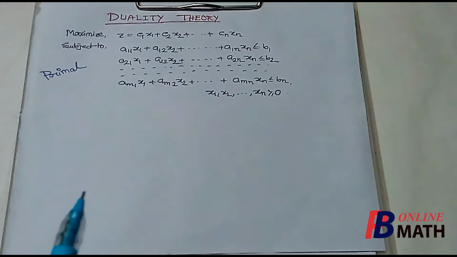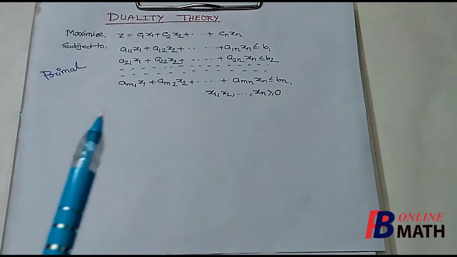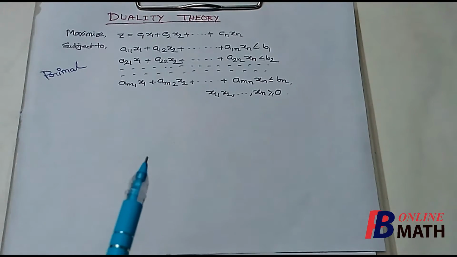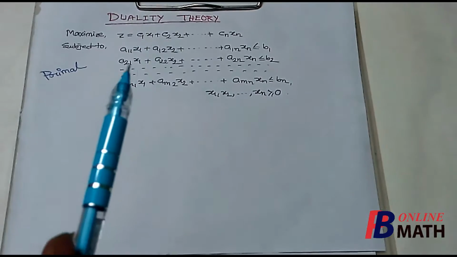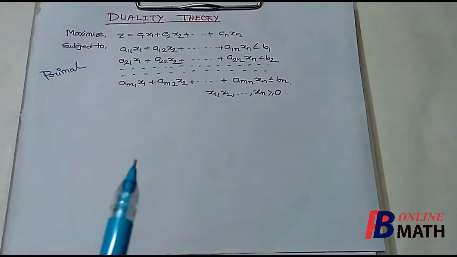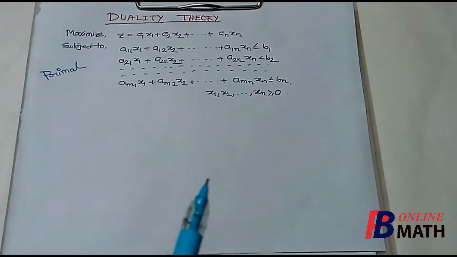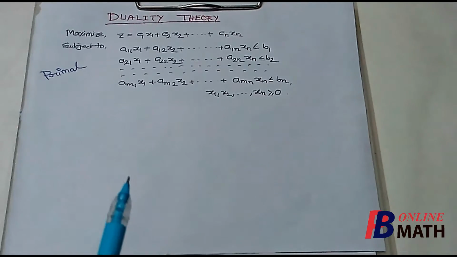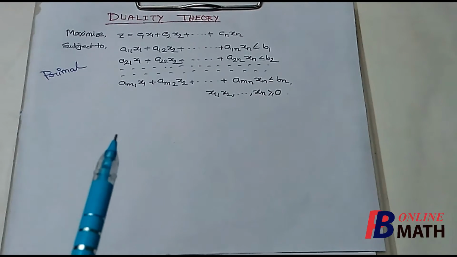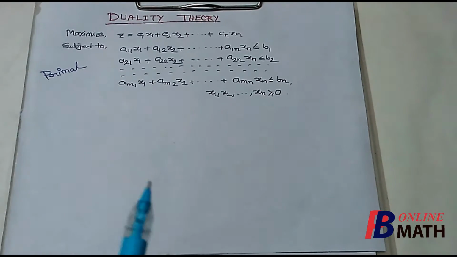Now remember that whenever we find the dual of this primal problem, the number of variables in the primal problem will be the number of constraints in the dual problem, and the number of constraints in the primal problem will be the number of variables in the dual problem.